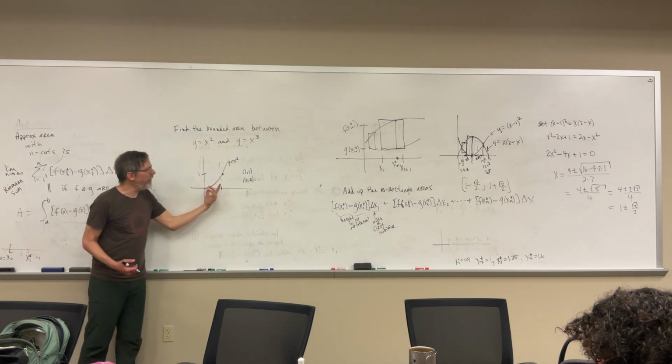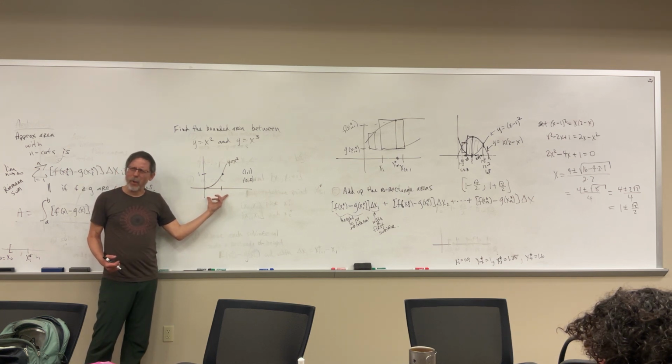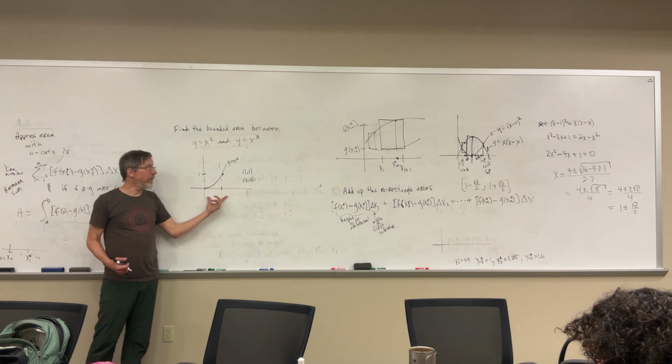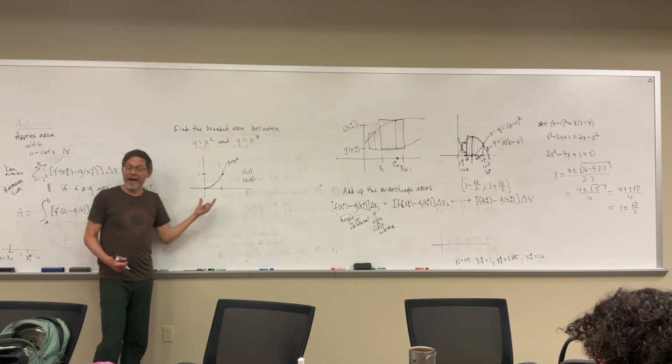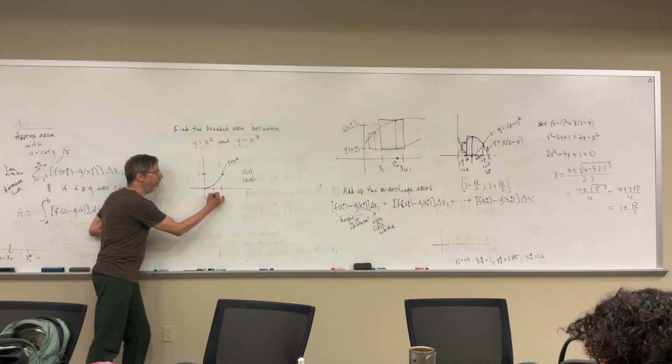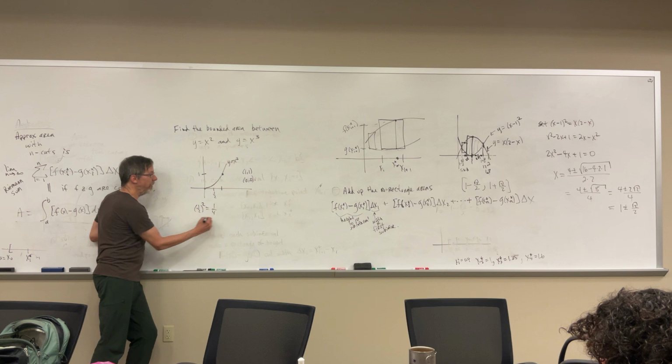How does x cubed sit compared to this one? Is it above or below? Has to be to the right of the x squared. Yeah, and it is underneath here. Let's think about y. Notice if you take a point 1/2, what's 1/2 squared? Well, that's a quarter. What's 1/2 cubed?